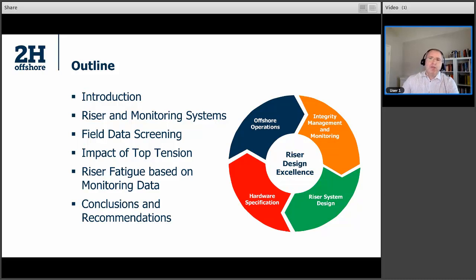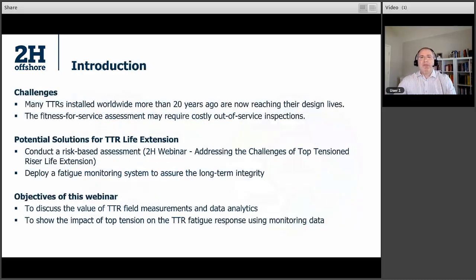Top tension riser systems have been widely used in deepwater oil and gas fields, and many TTRs were installed worldwide more than 20 years ago, and now some of these risers are reaching their design lives.